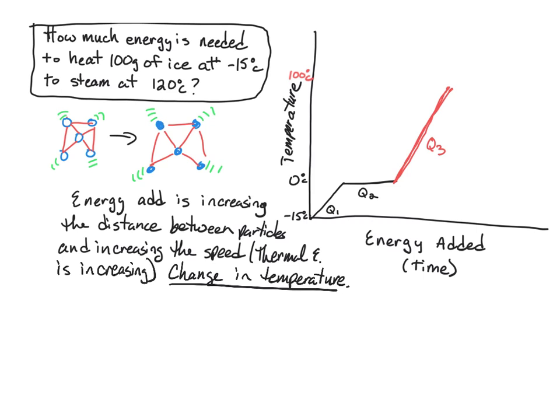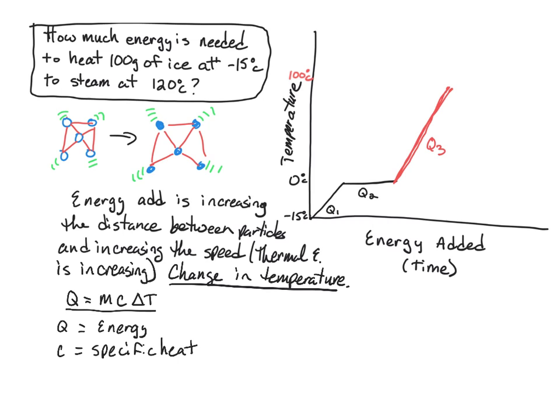Now, to calculate this one, because I have a change in temperature, I'm going to need to use the formula Q equals mc delta T. Remember, Q is going to equal the energy needed. C is the specific heat. But this time we don't have ice anymore, we've got water.